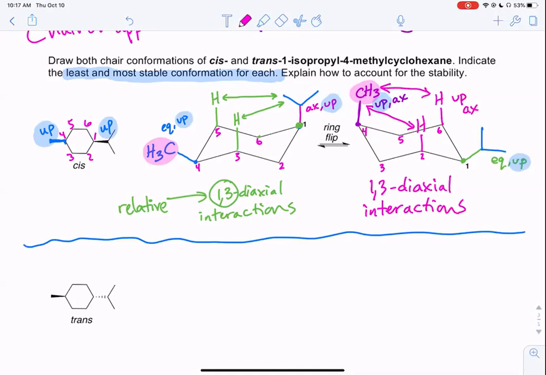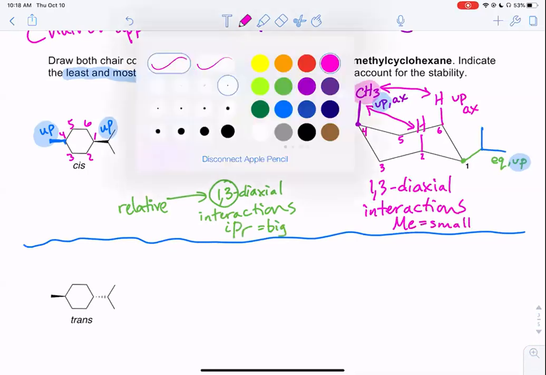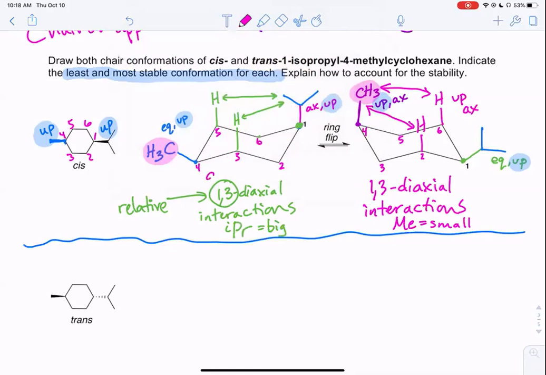But again, that's the relative relationship. So now we compare. We have 1,3 diaxial interactions caused by a big isopropyl group versus those caused by a methyl group, which is relatively small. So we're going to see that this has larger 1,3 diaxial interactions.